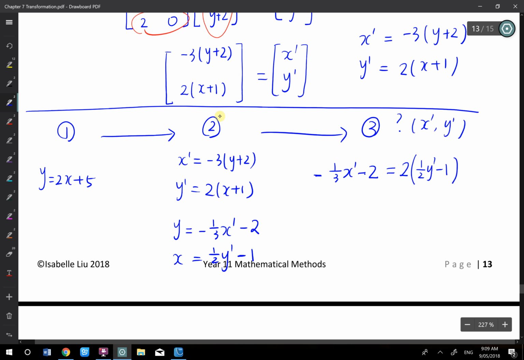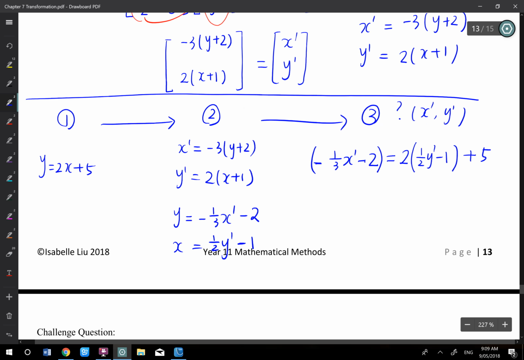That's 2x plus 5, so that's y equals 2x plus 5. Minus a third, well, I can get rid of the x dash now. Minus 2 plus 5, that's a plus 3. And y equals negative a third x minus 5.